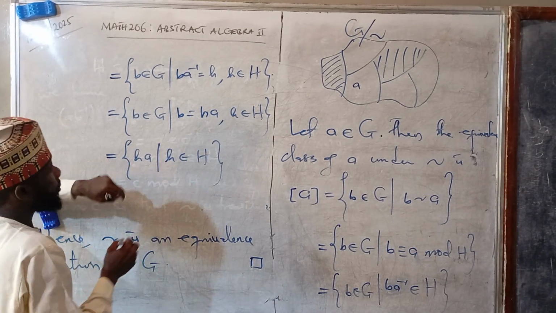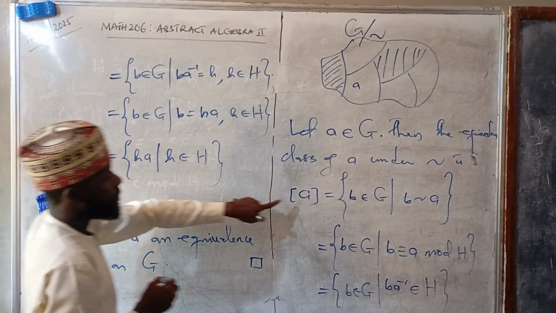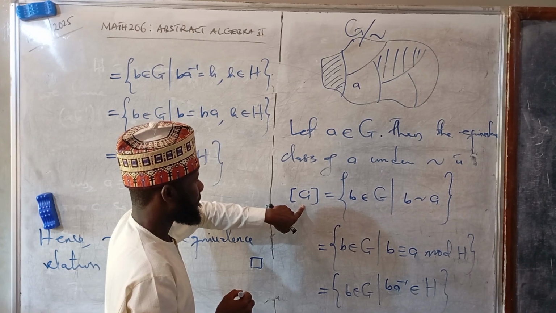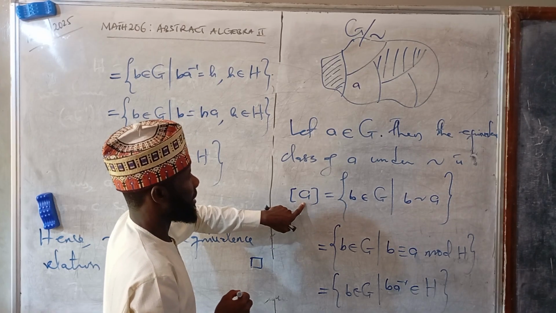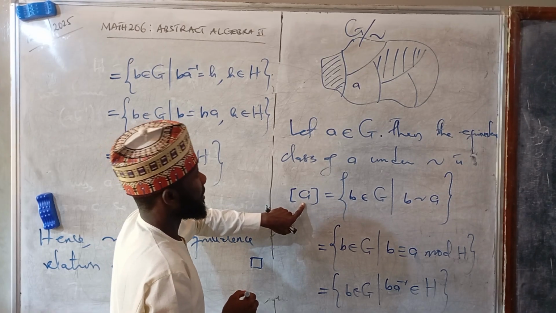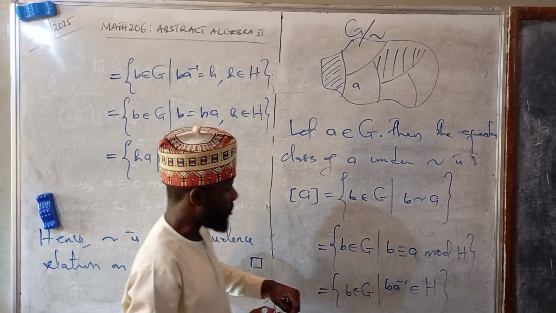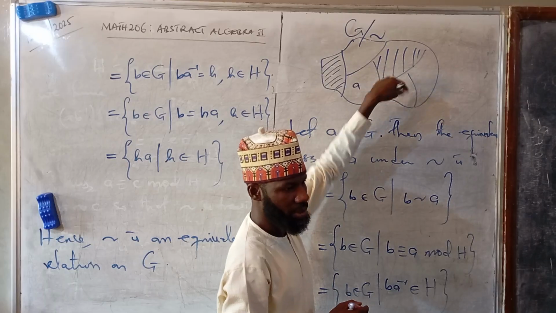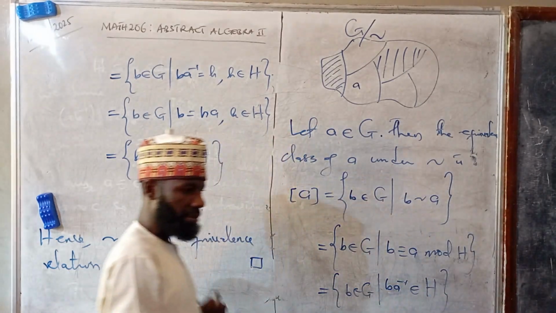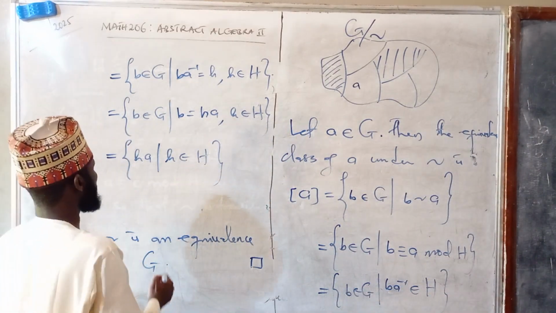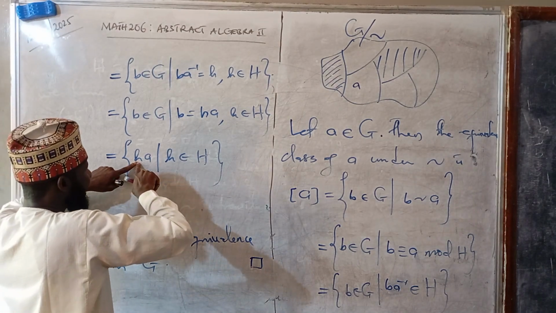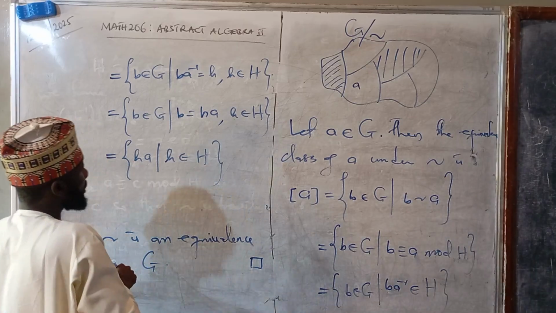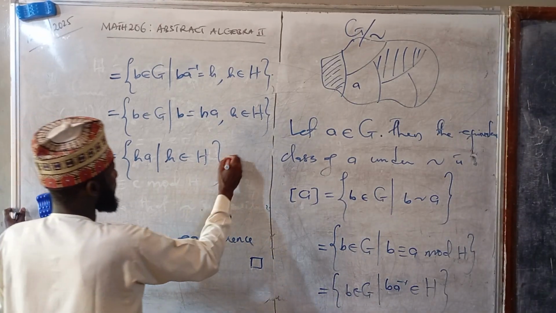Are you following? So if you are looking for the congruence class of A, that is the set of all elements related to A under our relation, congruence modulo. We just look for all elements inside the group that can be written as h times A, where h is in H. You can write this set as HA.